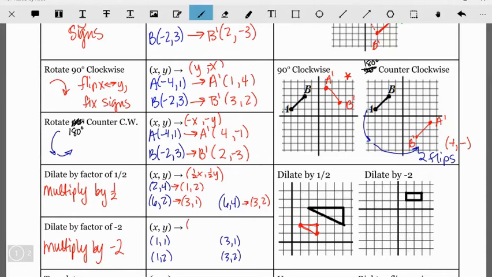So -2 times x and -2 times y. That gives us -2, -2 on our first point, -2, -4 on our second point, -6, -2 on our third point. And now you're noticing why I gave you more space on that graph. -6, -4 on our last point.